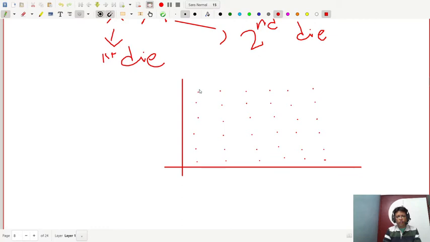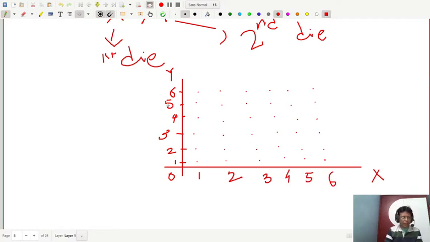Look at that, there are 36 points. You can denote this by 1, 2, 3, 4, 5, and 6, and this is your y, this is your x, corresponding 1, 2, 3, similarly 4, 5, and 6.